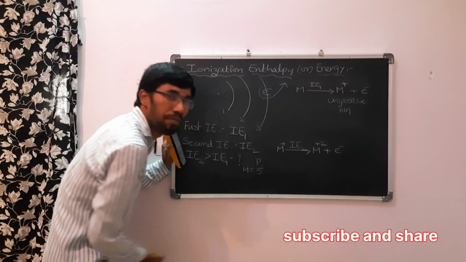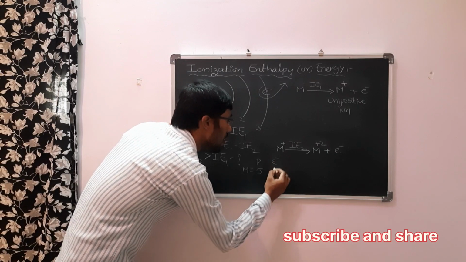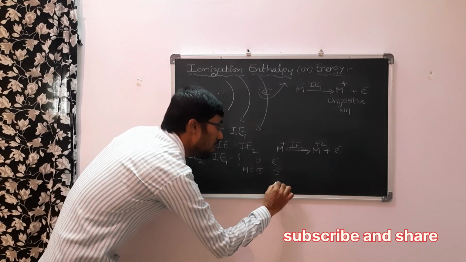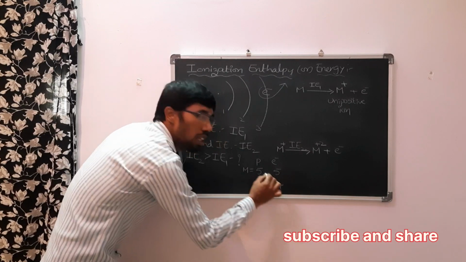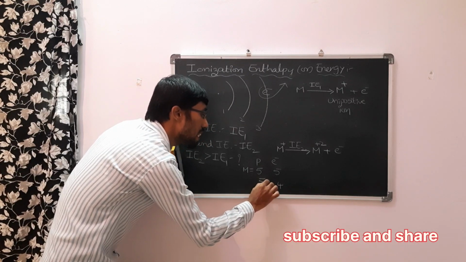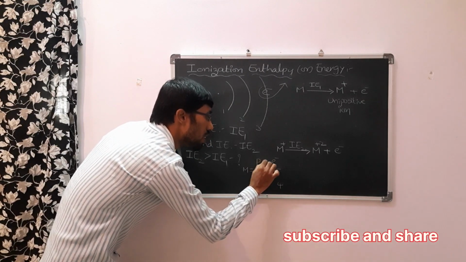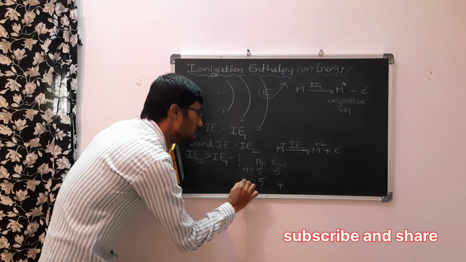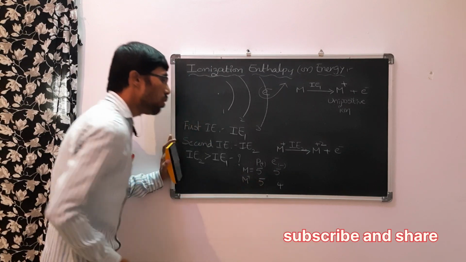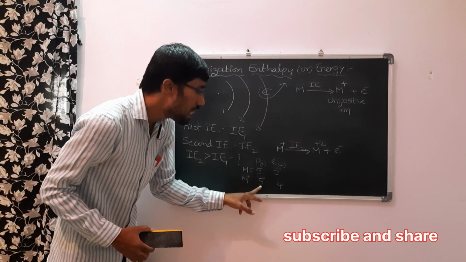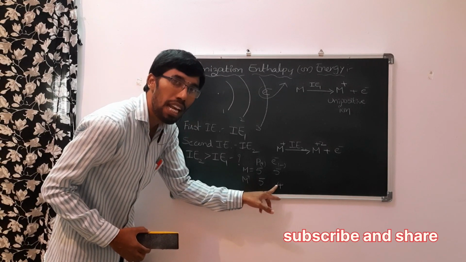By removal of an electron, there are 4 electrons and 5 protons. Protons carry positive charge and electrons carry negative charge. So in the uni-positive ion, the number of protons is greater than the number of electrons.